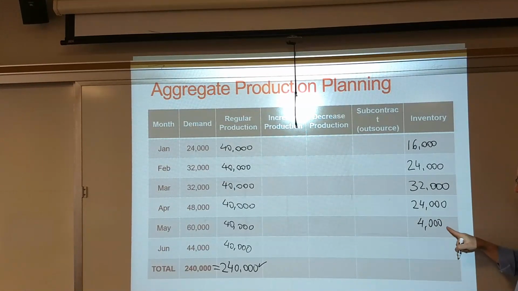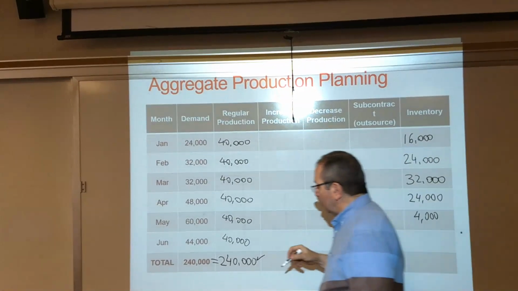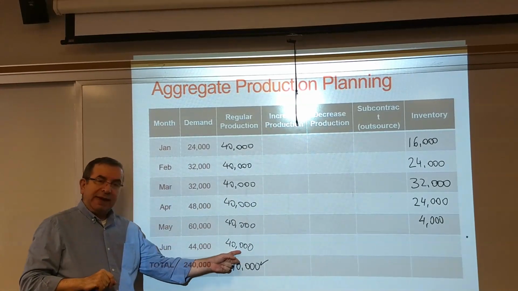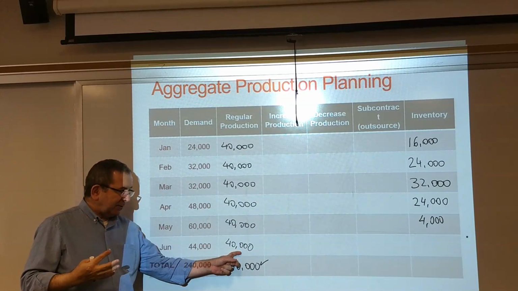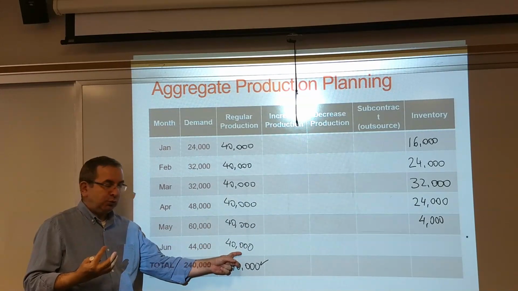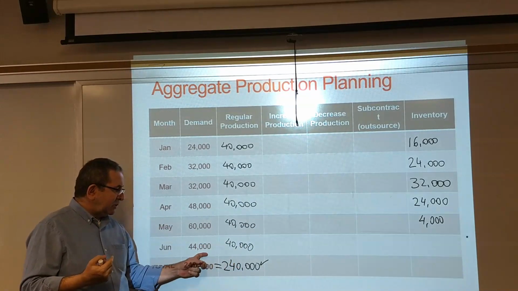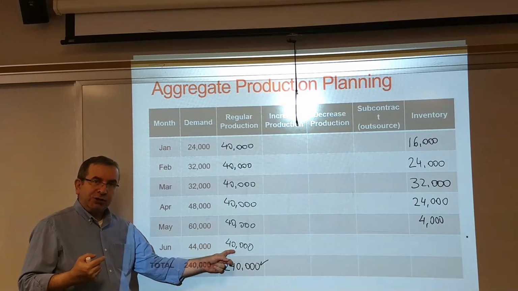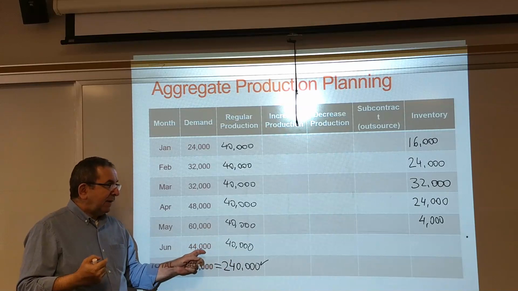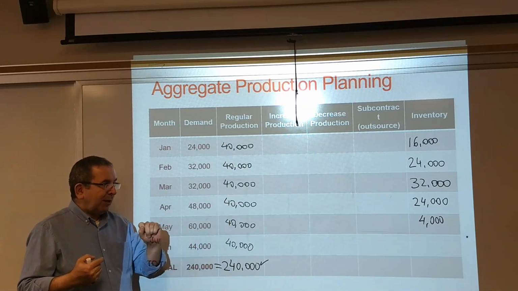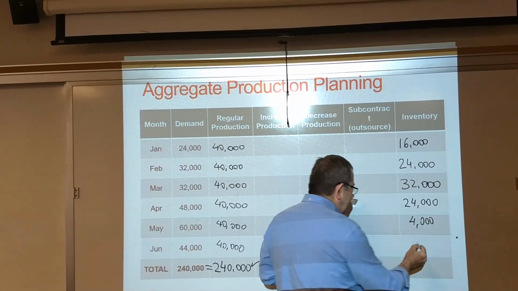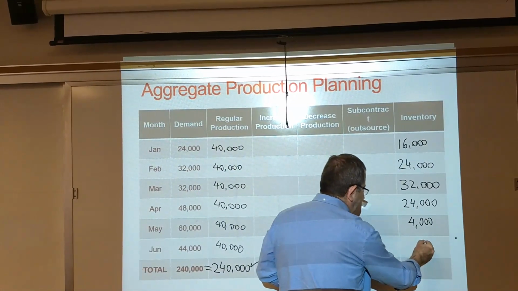At the beginning of June, you have 4,000 in inventory. You make 40,000 items in June, and demand is 44,000. So you sell everything that you make, 40,000, and you sell 4,000 items from your inventory, and you end up with 0 inventory.